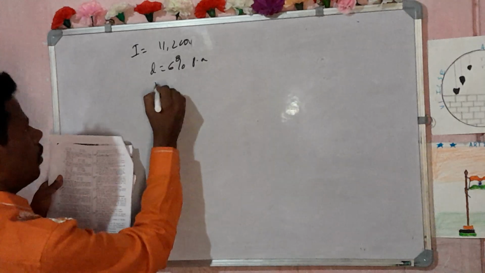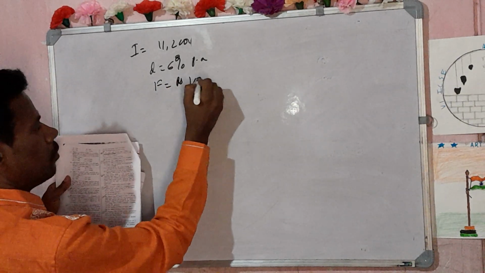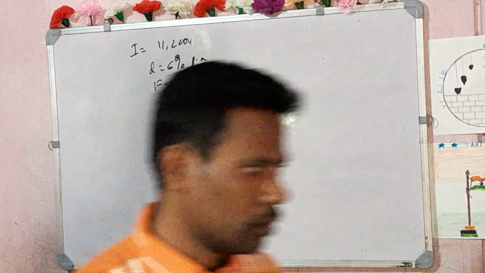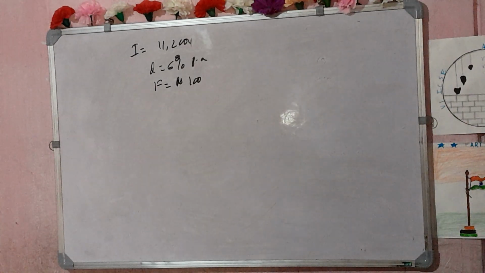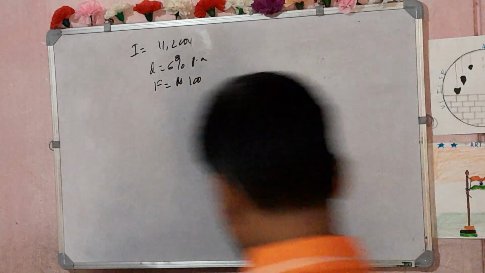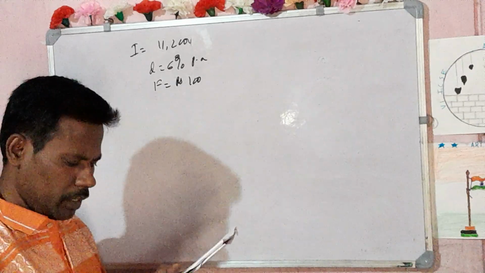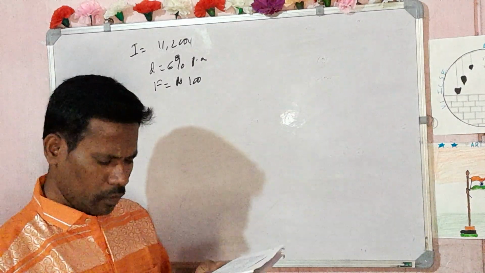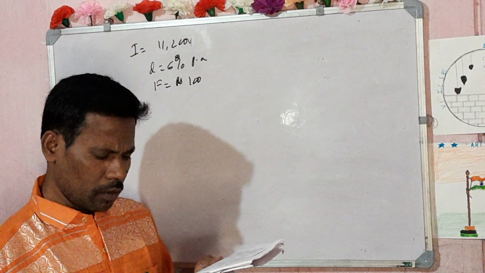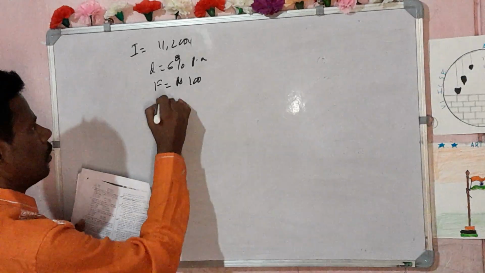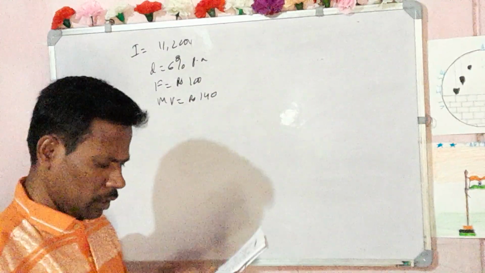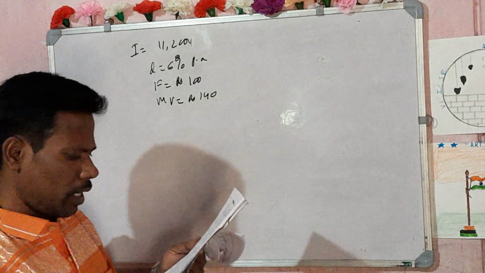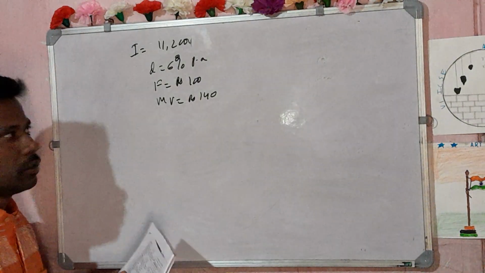Face value is rupees 100, and a 100-rupee share can be bought for rupees 140. Market value is rupees 140. Right? Find his annual dividend.